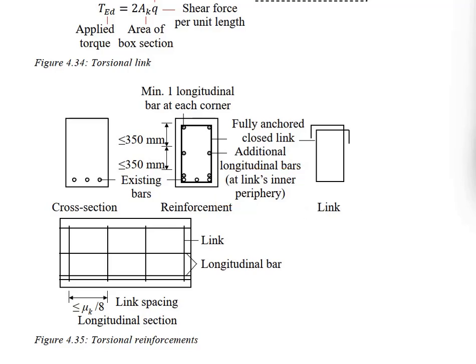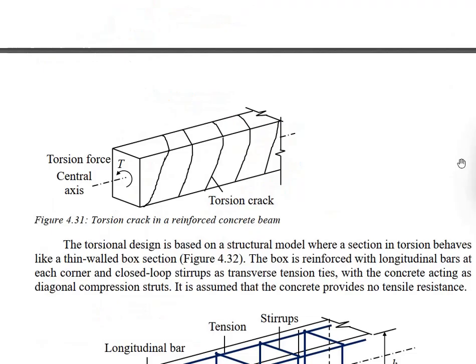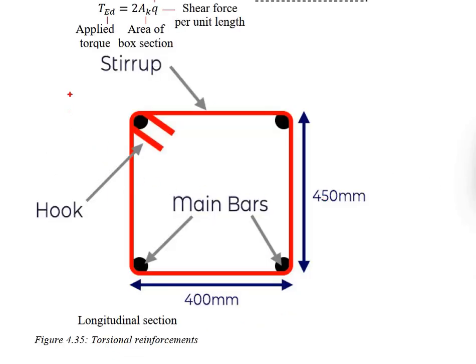As for the link, you will need a fully anchored closed link, so that its contribution in resisting the torsional crack is effective. You are not recommended to use this kind of link, which is typically used for the shear reinforcement.